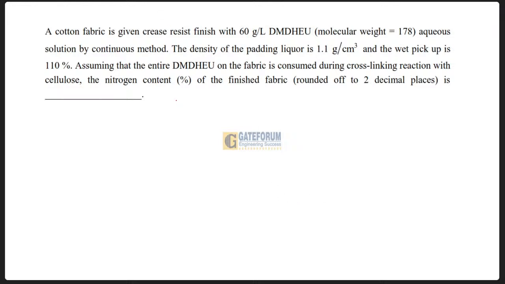So suppose we consider the weight of the fabric as 1 kg, and it says that the wet pickup is 110%. Wet pickup of 110% means how much liquor is used.